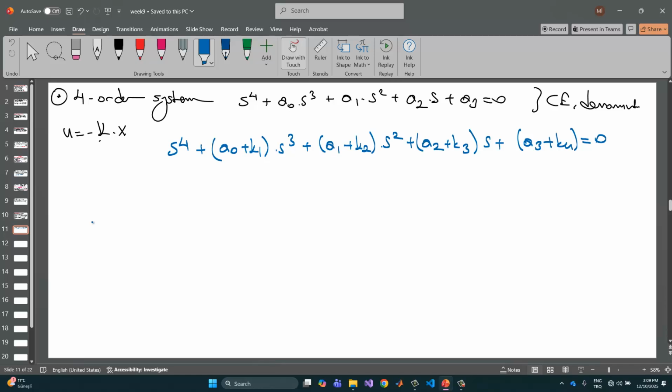Okay? And so just see, what is the advantage of this characteristic equation right now? We can reach everywhere. Yes, we can reach and solve every pole of this system.